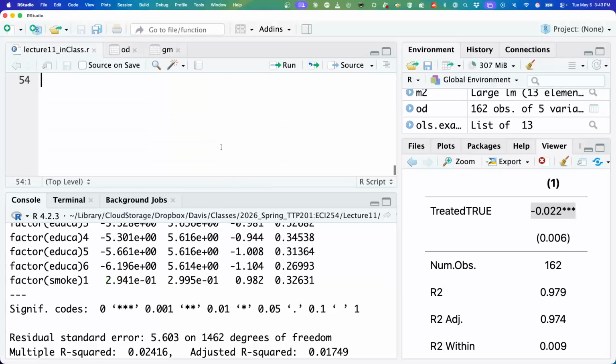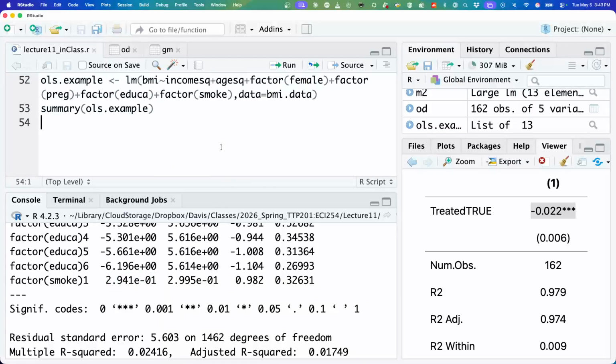But we would have difficulty defending that particular effect as causal because of all of the confounders that we have been discussing. And so in order to get around that, we're going to do our instrumental regression, our 2SLS, with cigarette tax as the instrument.